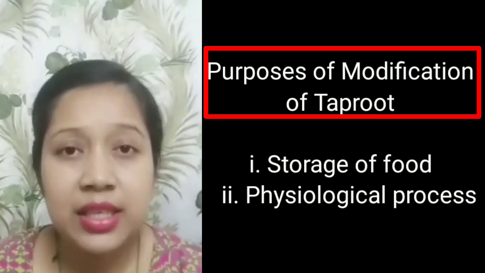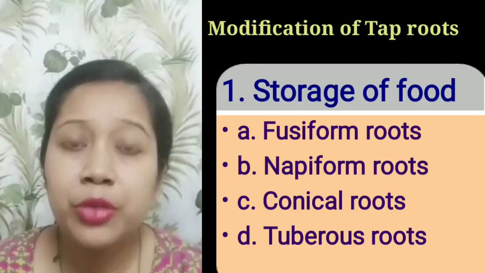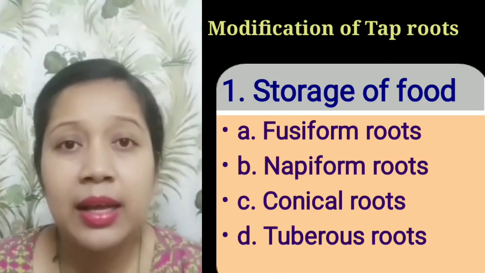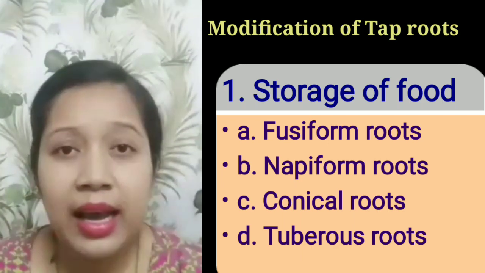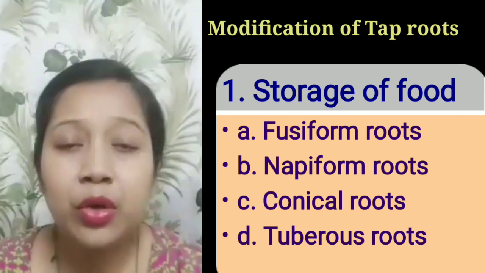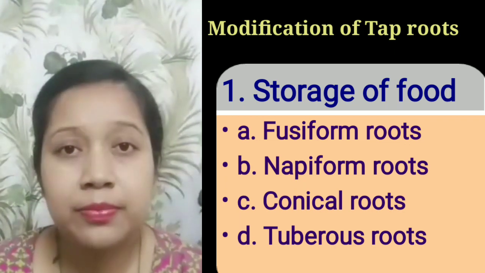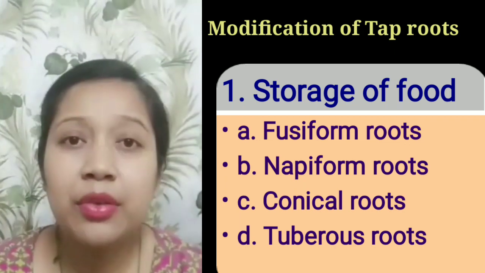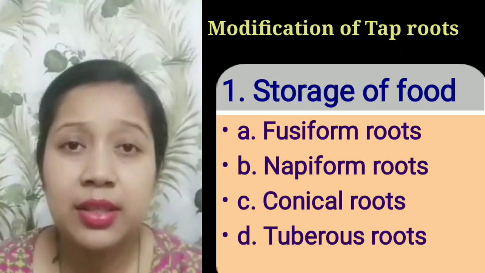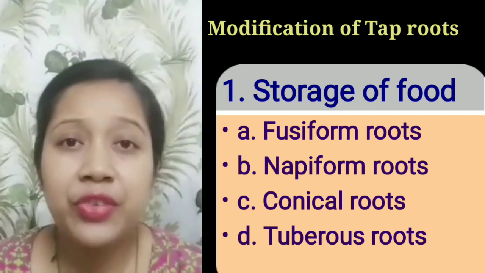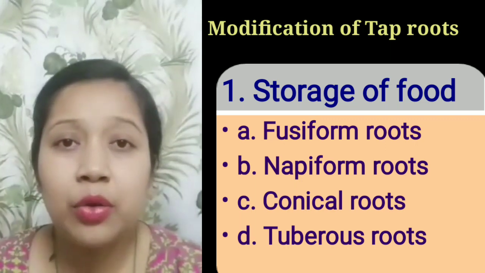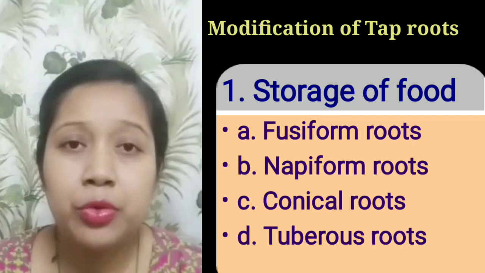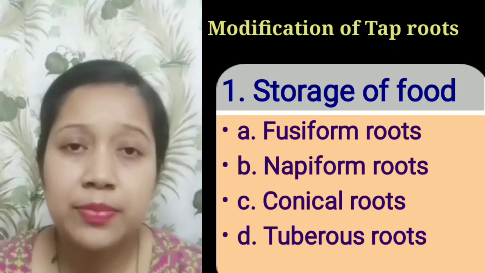At first, let's come to the first purpose of the modifications of taproot. The modification of taproot takes place because of storage of food, and in that there are 4 types of modifications: fusiform roots, conical roots, napiform roots, and tuberous roots.